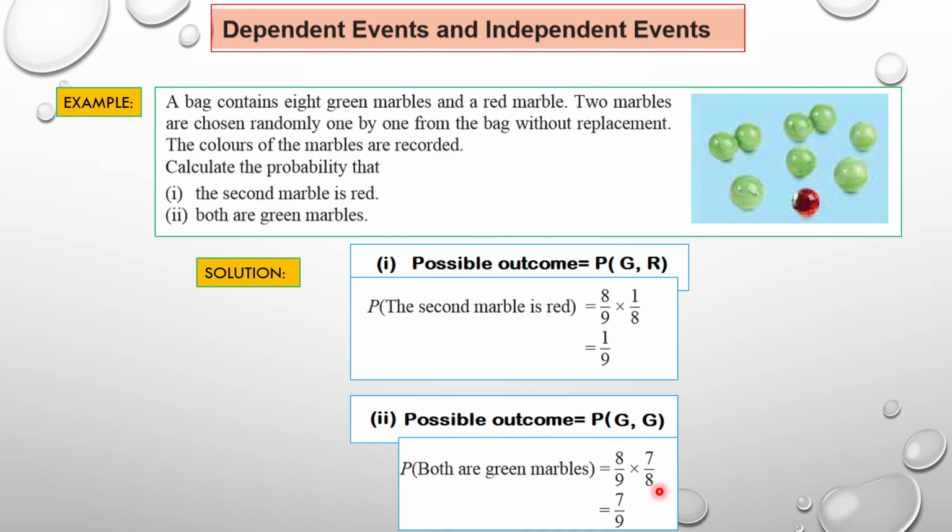Originally 8. For the first pick, we have already chosen 1 green, left another 7 green marbles. Over total now only left 8. So therefore it is 7 over 8. So you multiply this and you'll get the answer as 7 over 9.